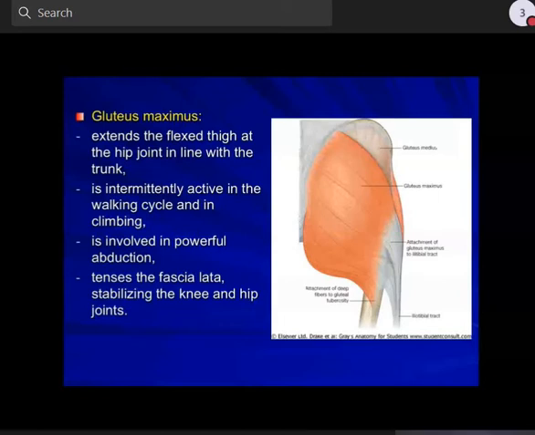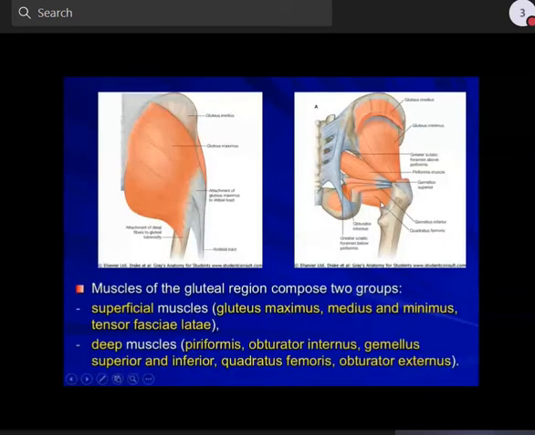And just here, we can see the deep gluteal muscles that are composed of the piriformis. The piriformis looks like an inferior continuation of the gluteus maximus, because both refer to the same plane.